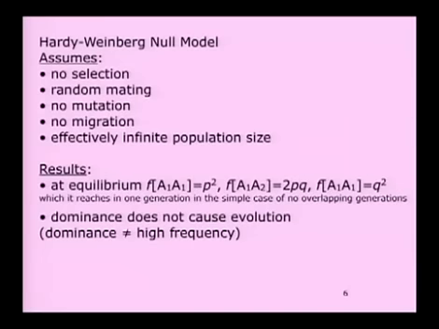And so PQ plus QP is 2PQ. So P is the frequency of the A1 allele in the population, regardless of whether they're in heterozygotes or homozygotes. And Q is the relative frequency of A2 alleles in the population, regardless whether they're in homozygotes or heterozygotes.